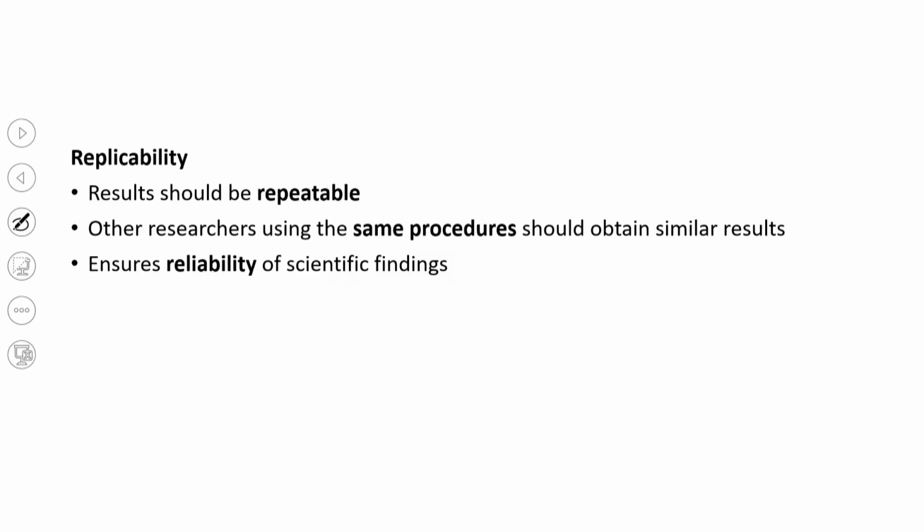Third is replicability. The result should be repeatable, then only we can verify it, otherwise there is no way to verify. Just based on one scientist's research, you cannot make a theory out of it.